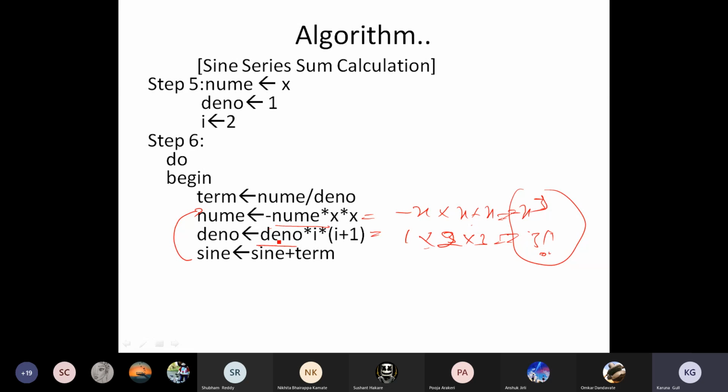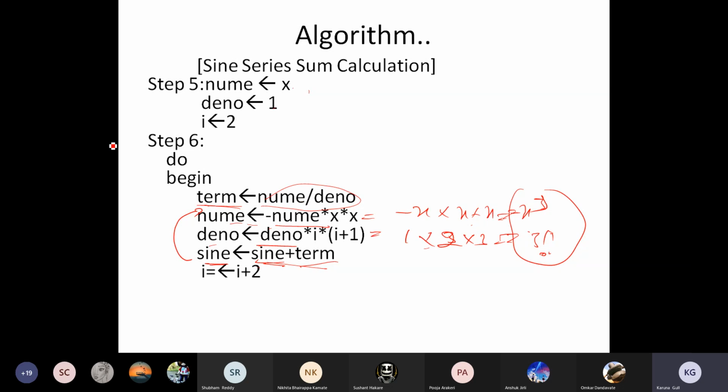I'm just finding the next term in the form of denominator and numerator. Afterwards I'll make it as a term. Till that time, whatever previous value we have, that is x raised to 1 divided by 1 factorial is the term there. So sine is initialized to 0, and I'll get the value inside this sine as x raised to 1 divided by 1 factorial. It is the first term there.